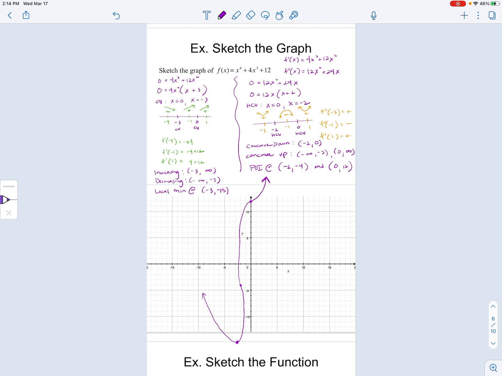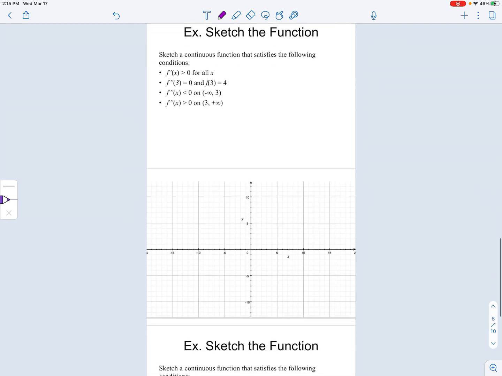But then it switches to being concave up again. So it'll look something like that, where it kind of evens out for a second to go concave up. I know my graph doesn't really look like it would pass the vertical line test. It's hard to go from concave down to concave up, but it does switch at that point.